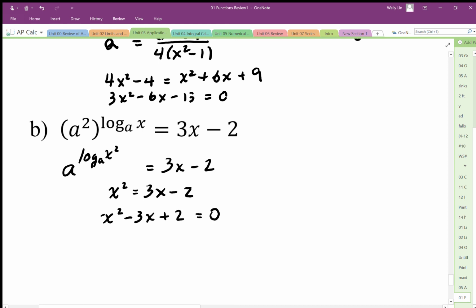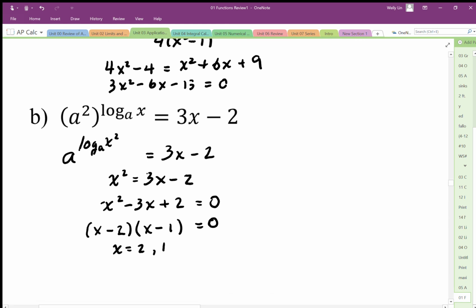Okay, so when we factor this, we end up with x minus 2 times x minus 1 equals 0, and then x equals 2, x equals 1. And we just have to make sure that when we solve these log equations, that we check for extraneous solutions. Okay, so can we put 2 back into this equation?